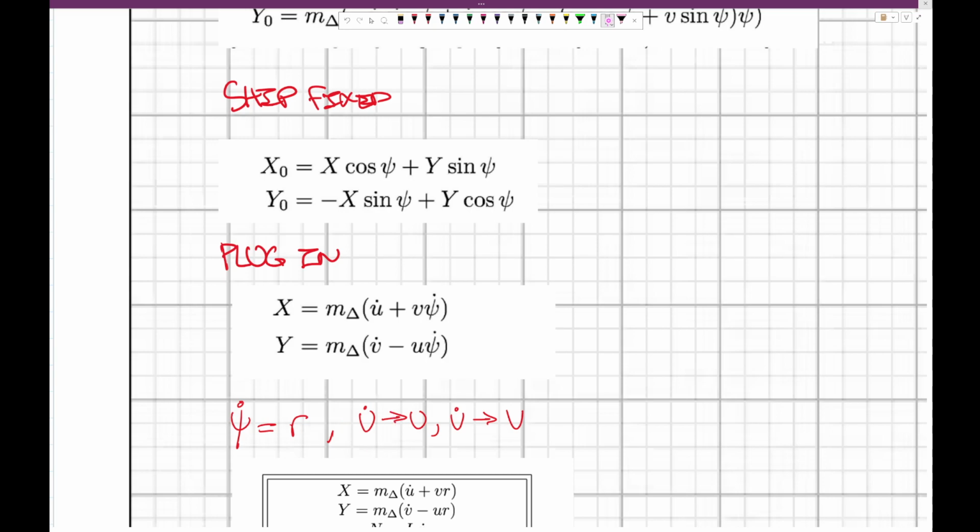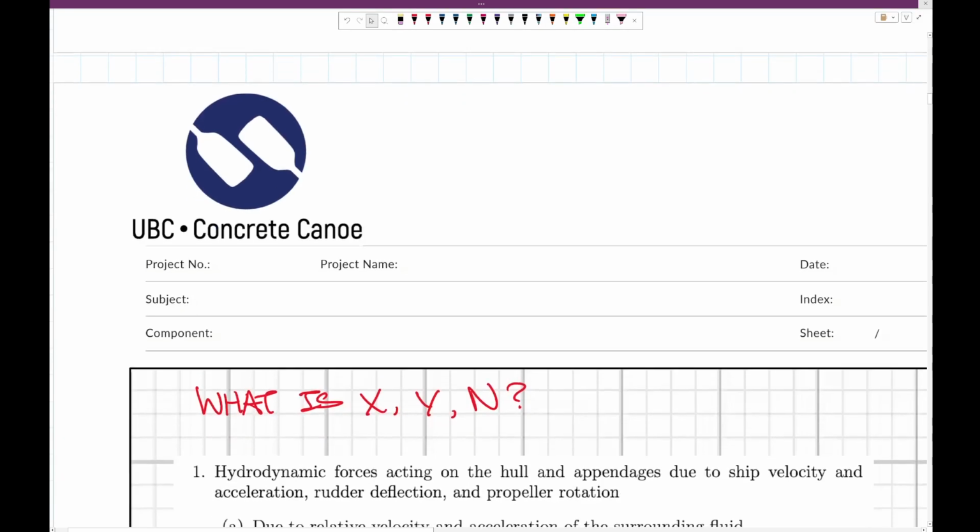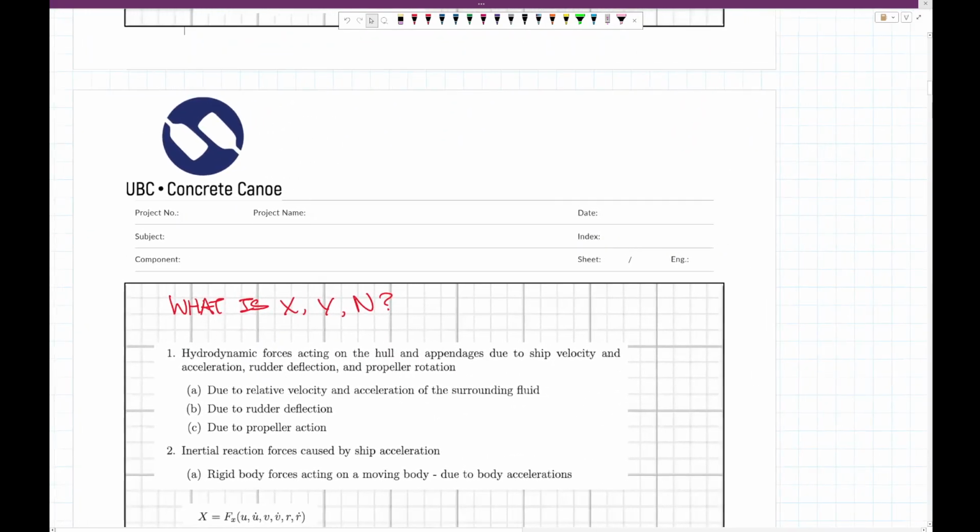It's just going to be u, and therefore our accelerations are just going to be u dot or v dot. And then our angular velocity is going to be denoted with r, or r dot. So if we plug that into here, we get this. And then after that, we need to solve for x, y, and n.